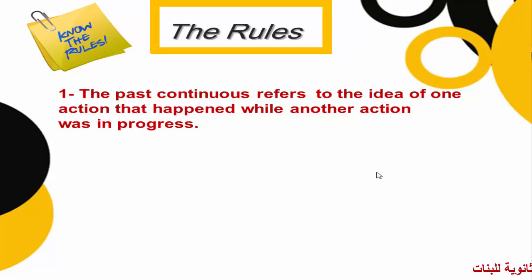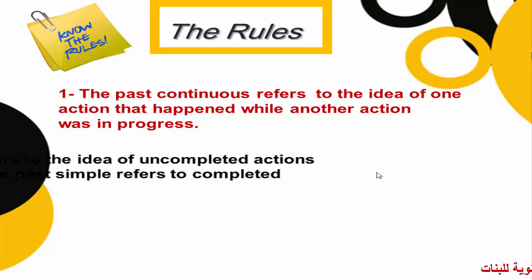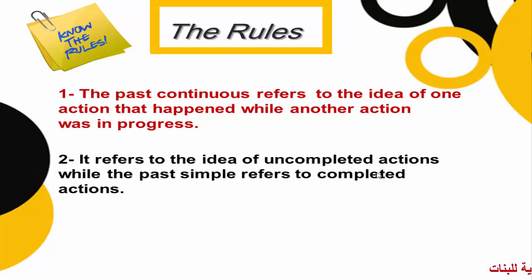Okay? Now let us see the second rule. It refers to the idea of uncompleted actions, while the past simple refers to completed actions. And this is a very important idea which is expressed here. The past continuous refers to uncompleted actions. Why? Because it is interrupted by another action. But the past simple refers to completed actions.